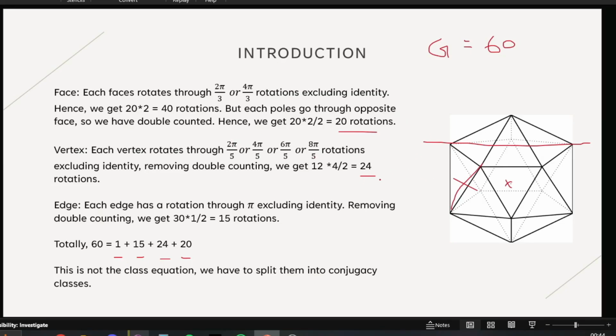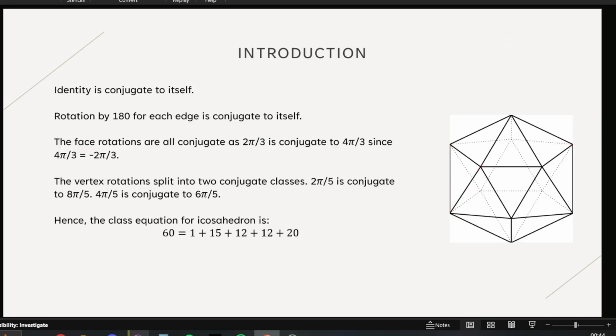We have a total of 24 rotations. If these form one orbit and these form one orbit, we have 12 rotations in this orbit for 2 pi by 5, and 12 rotations for 4 pi by 5. So 24 is split into 12 and 12, and there are no other orbits. These are all the conjugacy classes. So this is the class equation for an icosahedron.